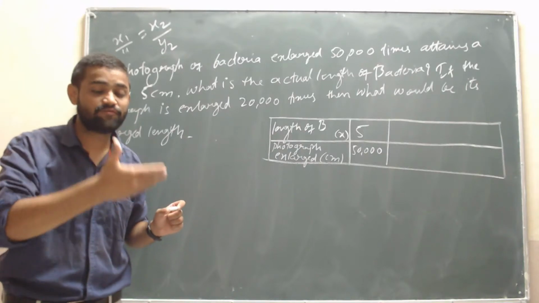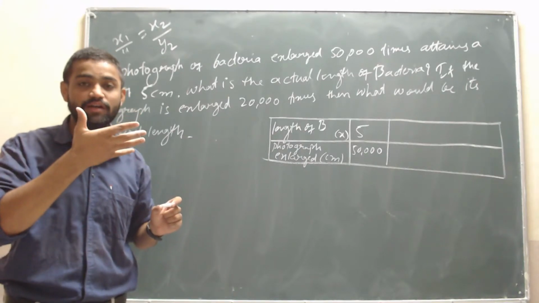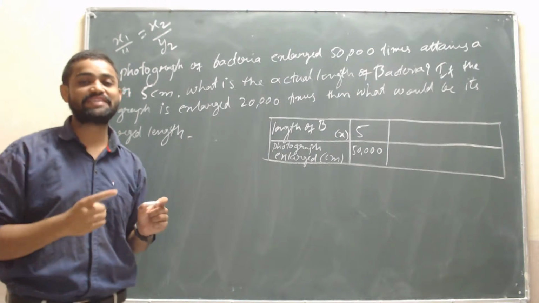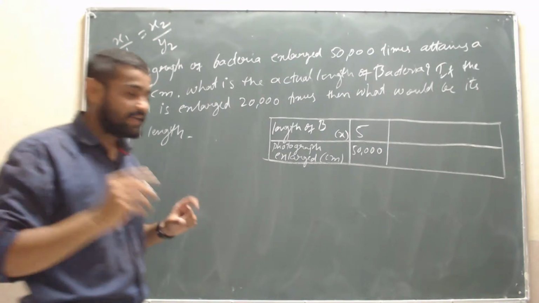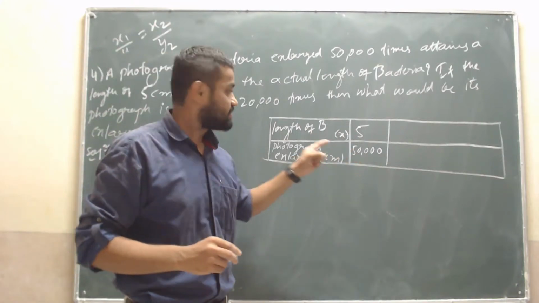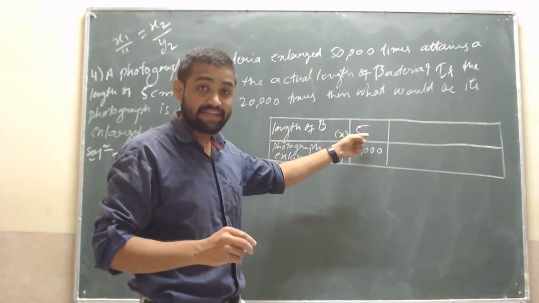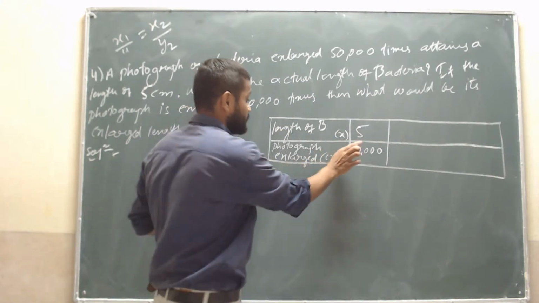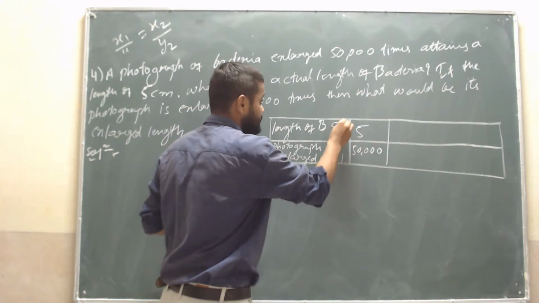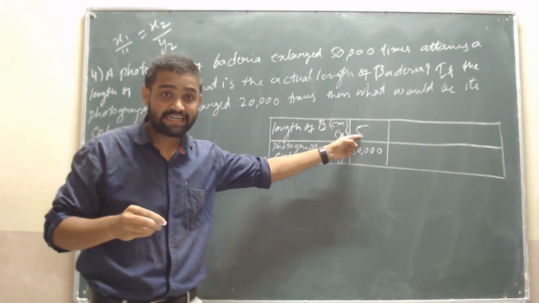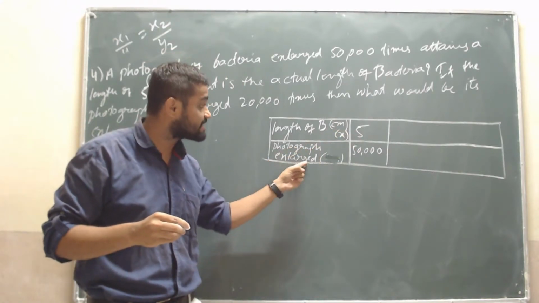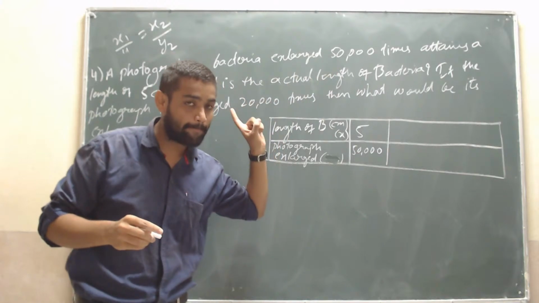That's why that photography is enlarged 50,000 times. At that time, the length of bacteria is 5 centimeter, in centimeter. And the photography enlarged is 50,000. This is the given data.